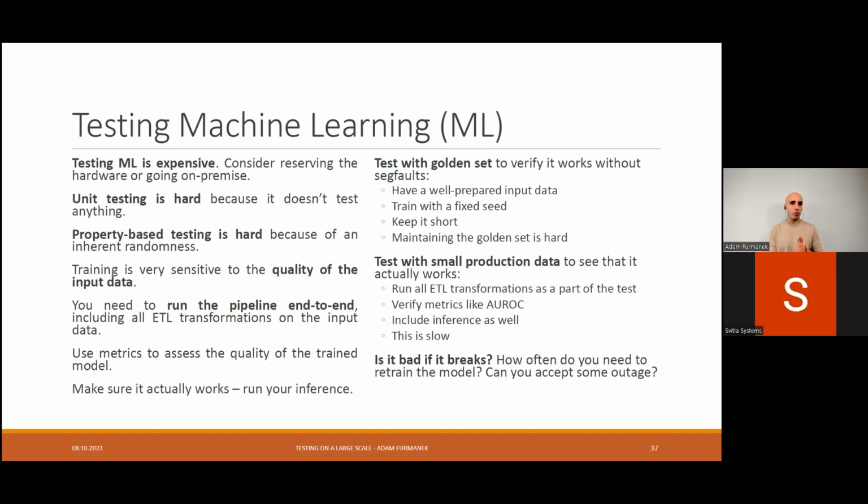You need to always have some input data set that you train your model on and that you know how it should behave: what output of the inference you expect, what the ROC metrics should be, and any statistical KPIs that can tell you whether the model was trained properly or not. And running that with a decent data set is again expensive. You will need GPU-enabled hardware.